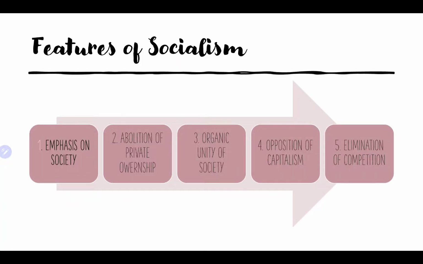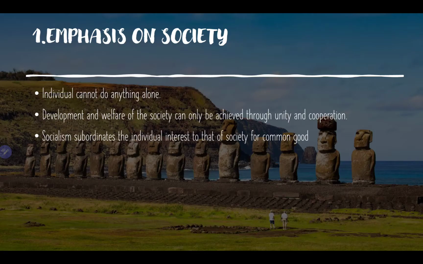Now we will be discussing the features of socialism. Number one feature is emphasis on society, then abolition of private ownership, organic unity of society, opposition of capitalism, and elimination of competition. Let's understand emphasis on society. Socialism totally gives emphasis upon society.